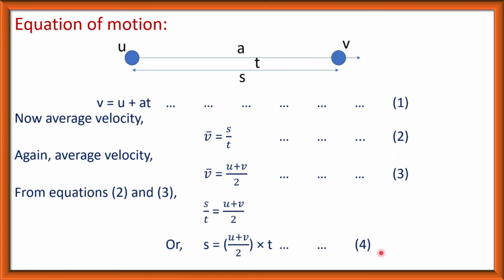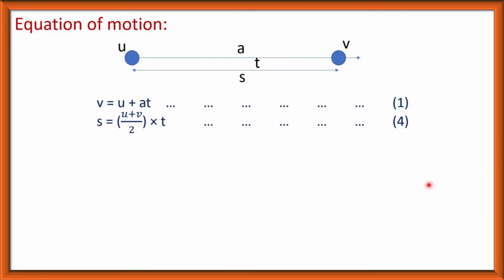This is equation number 4, and it is one of the equations of motion. v is equal to u plus at, already we have got it, and here s is equal to u plus v by 2 into t.